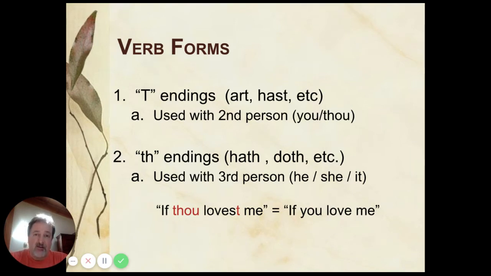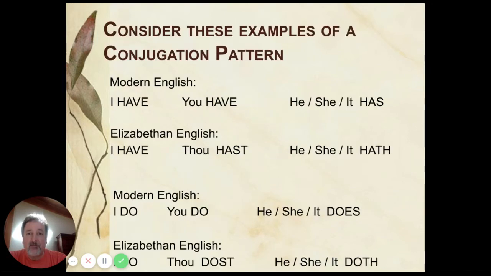That's conjugating the verb to be. So, in early modern English, there were slightly different endings. If you was the subject of the sentence, the verb would end in a T. If he, she, or it was the subject of the sentence, it would end in TH. And I'll show you some examples here.